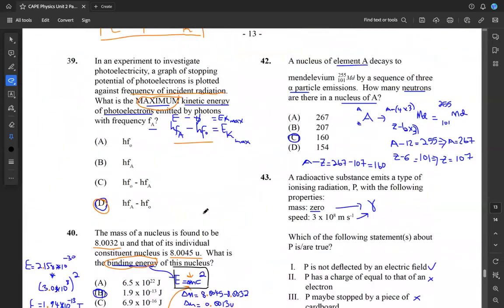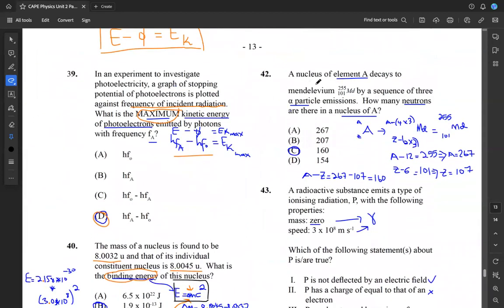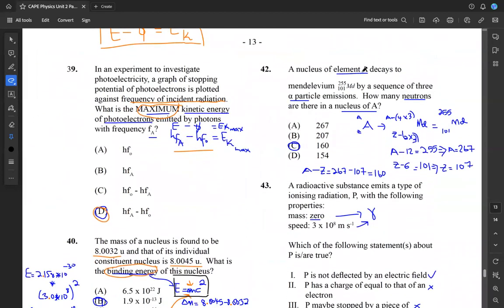So 42 now, a nucleus of element A decays to form mendelevium, right? So we'll have A, and A is going to decay to form mendelevium. And mendelevium has a mass number of 255, and it has an atomic number of 101, right?